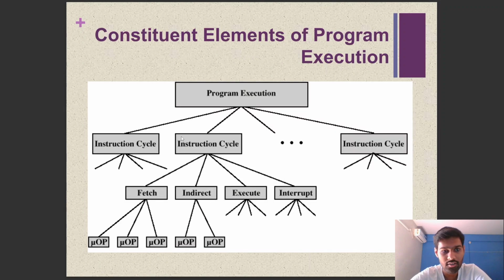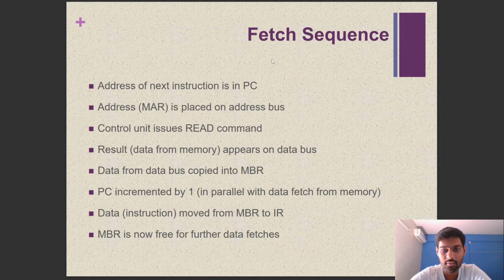This is a diagram of execution, how execution is performed. Fetch sequence. Address of next instruction is in program counter. Address is placed on address bus. Control unit issues read command.